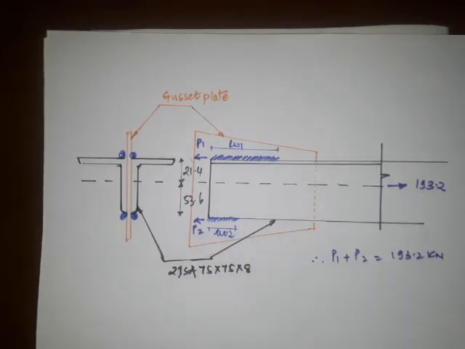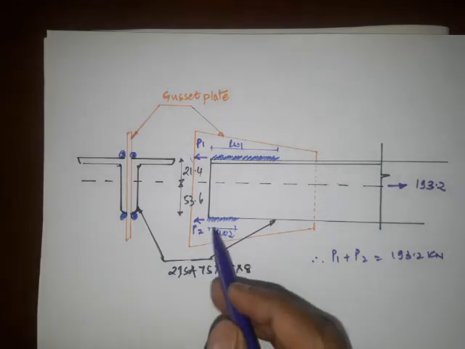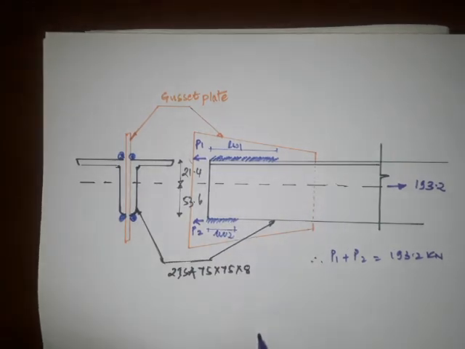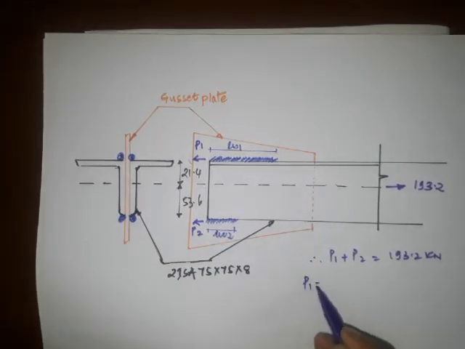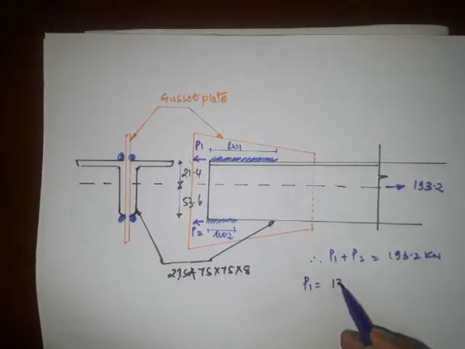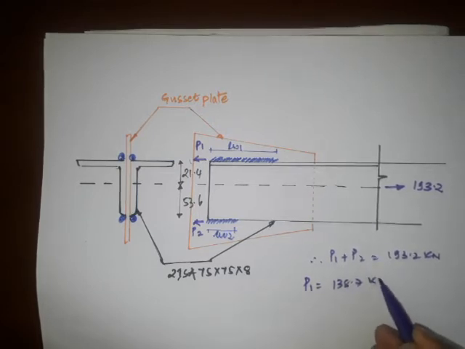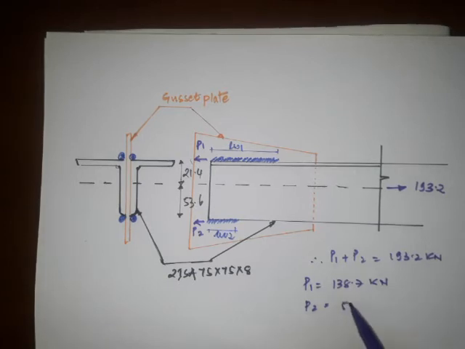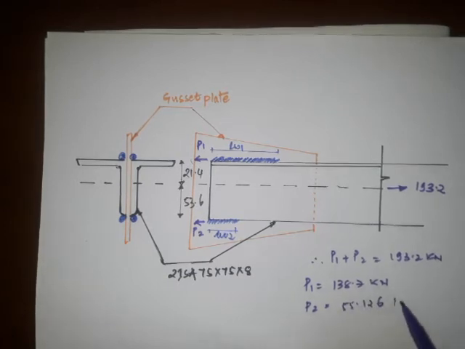With respect to this, by using the same calculation, we get the value of P1 by taking moment about P2 or P2 about P1. We get the value of P1 equal to 138.7 kilonewton and P2 will be 55.126 kilonewton.